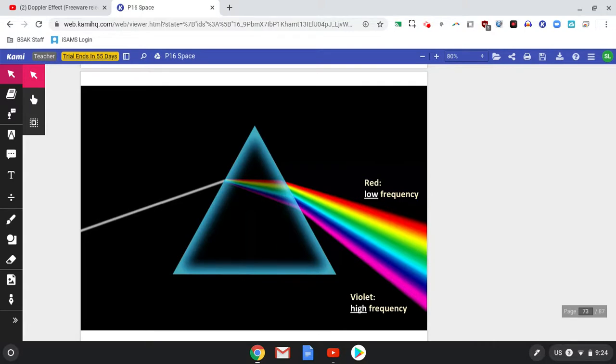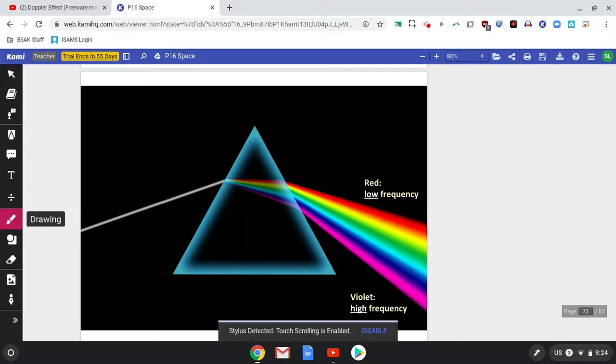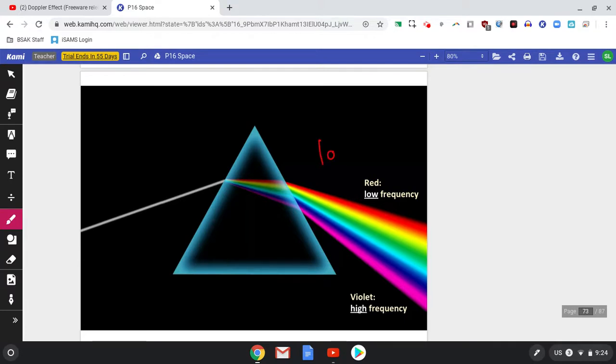Now, if the frequency is different, then so is the wavelength. Can you remember how it worked with sound? If you have low frequency, you have long wavelength, don't you?